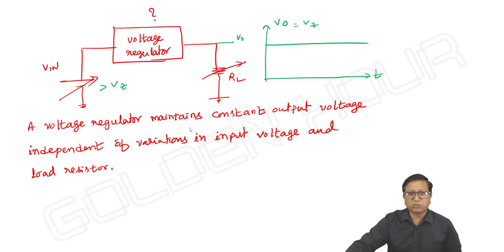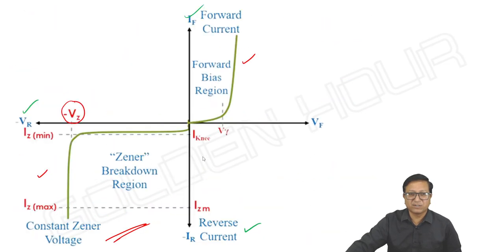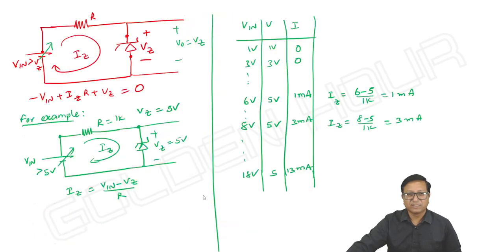So that is possible. If you observe the Zener diode characteristics, it is ready to maintain constant voltage with variable current values. But here there is one obligation.